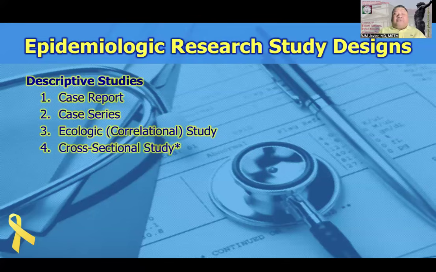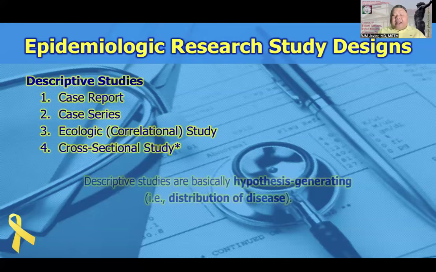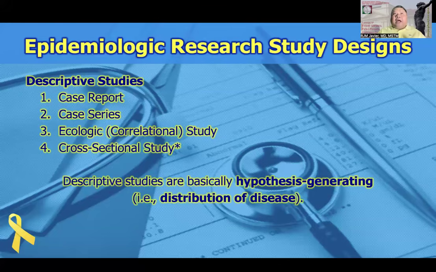Now, most of your descriptive studies are very useful for generating possible disease cause-effect relationships between a risk factor and a disease outcome. So, when we talk of descriptive studies in general, they are used primarily for hypothesis generation.